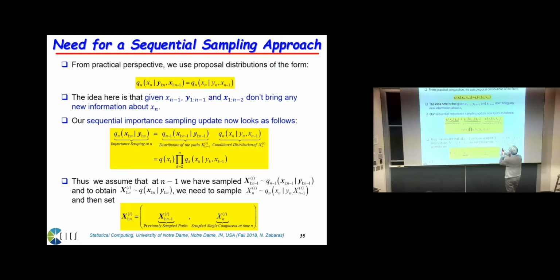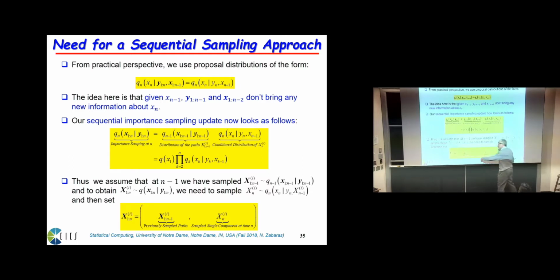And then if you sample given xn minus 1 and given observation yn, you can sample xn, and effectively your new samples at time n, for each particle, are going to be the previous values that you computed at time n minus 1, and then you say, and now I have a new state xn as well.